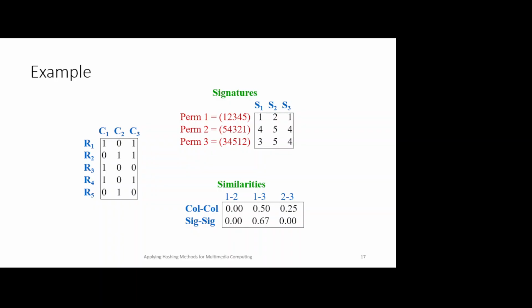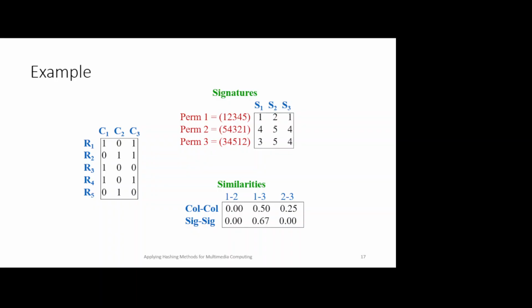They are 2 the same. For the union you have R1, R2, R3, R4, R5. We didn't count R5, because they are 0, 0; we just ignore it. So their union is 4 and the intersection is 2. So the Jaccard similarity is 0.5.